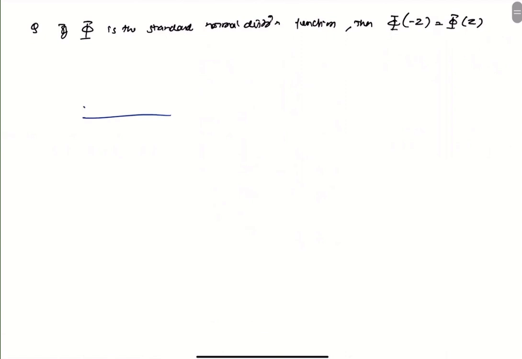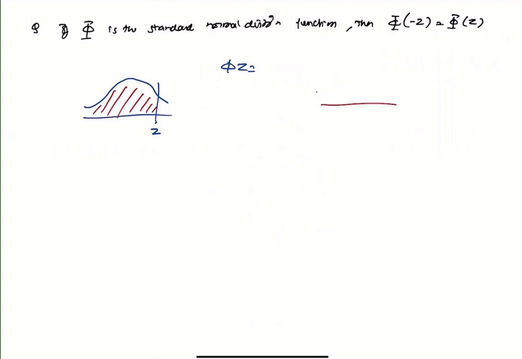If you draw a normal distribution curve and you see this is z, so what is area represented by positive z? The area represented by positive z is going to be this whole area. And what will be the area represented by the negative z?